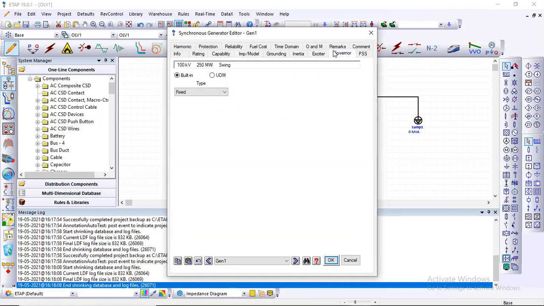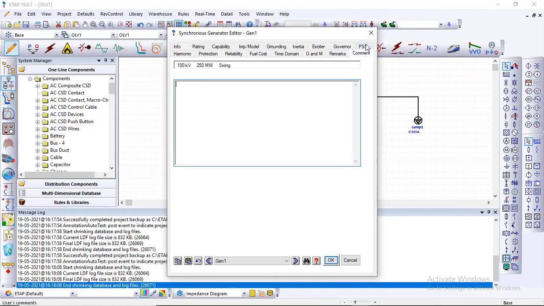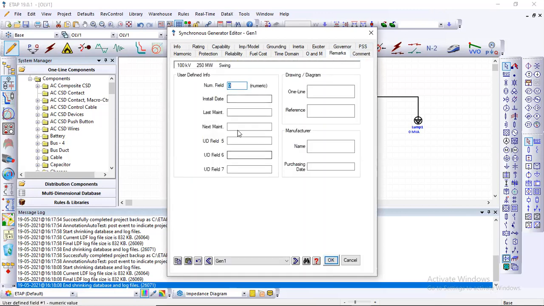Exciter, governor, PSS, and comment, if you need to write some kind of comment at this option. Remarks related to the single line reference, the manufacturer name, and single line diagram IEEE you can place in your system reference.